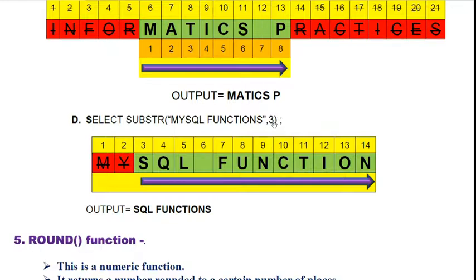Then how many letters will it return? It will return all the letters from the specified place. So from the third place, it will read till the last letter, means all the letters. So it will return SQL functions by reading from 3 to 14.